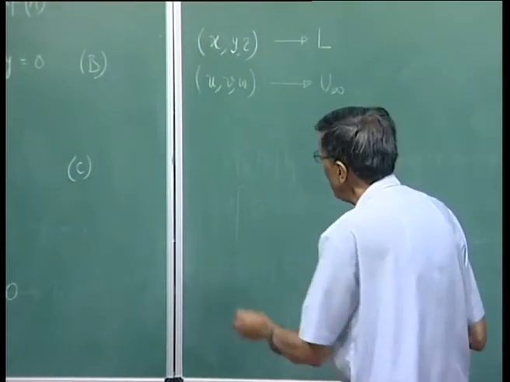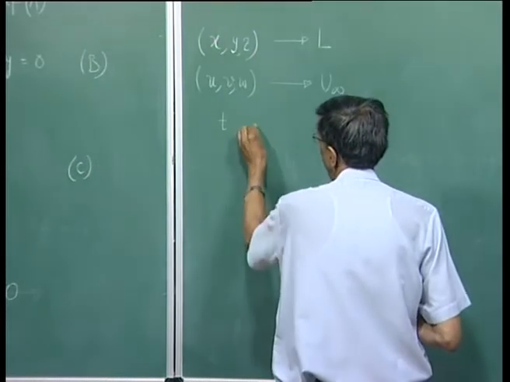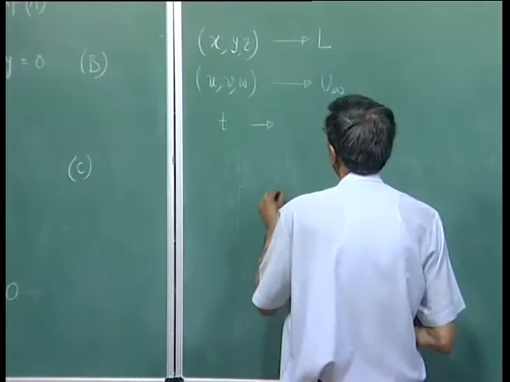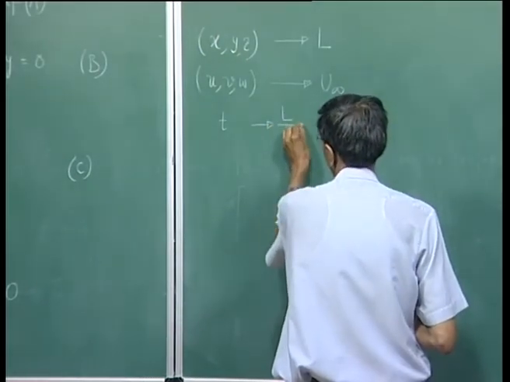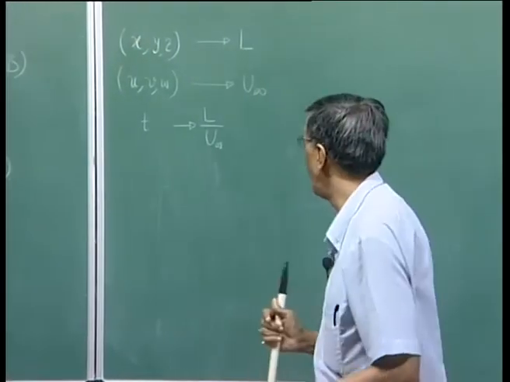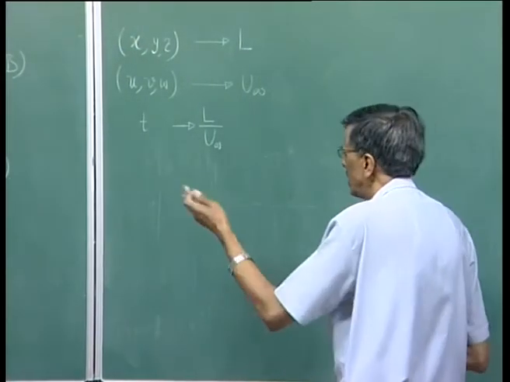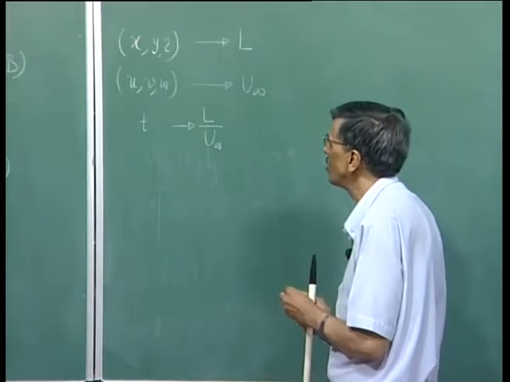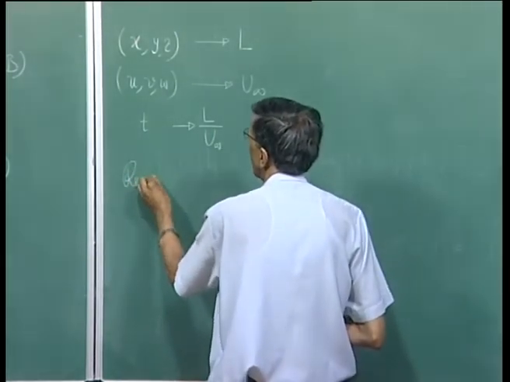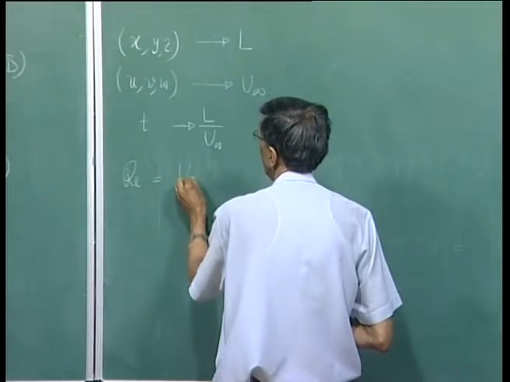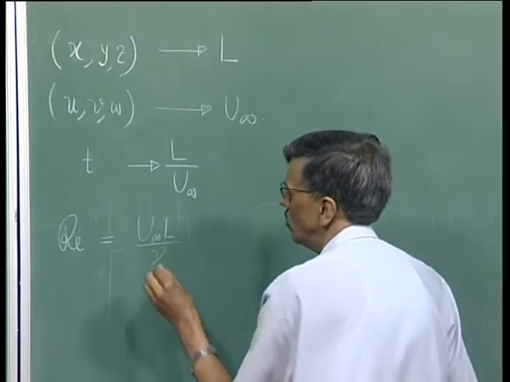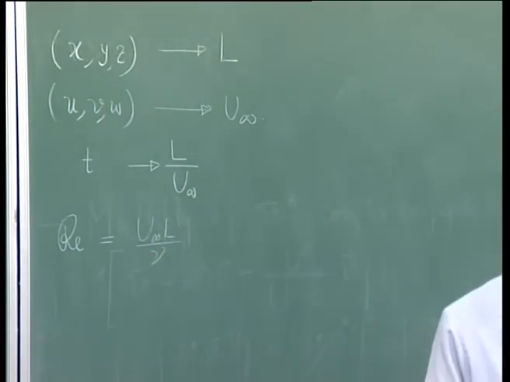What about time then? Time will be referred to a time scale. Time scale will be brought out by L by u infinity. Use that to non-dimensionalize the equation, and then of course, the Re that we have written there, we will get it as u infinity L by nu, the kinematic viscosity.